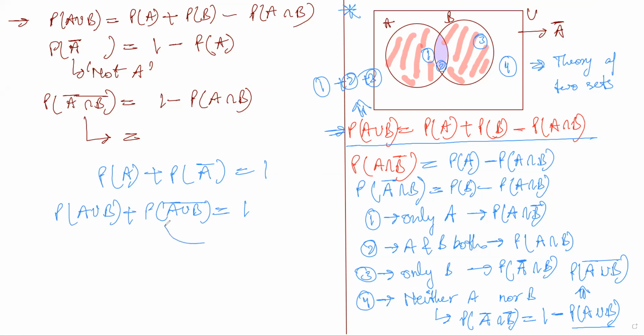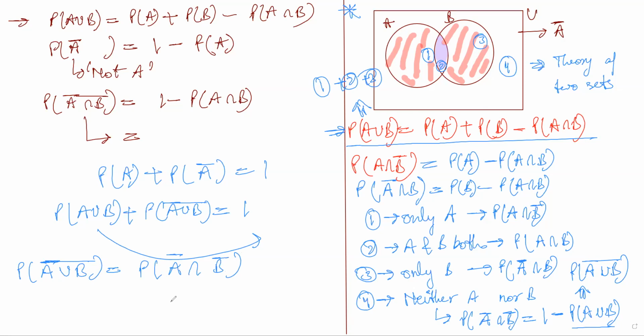And if you take probability of A union B to the right hand side, it will become probability of the complement of A union B equals 1 minus probability of A union B, which I have just written. So this is known as De Morgan's law. What does De Morgan's law say? If you have a whole complement on some expression of events, then you can distribute it on them separately, but you have to change the sign.